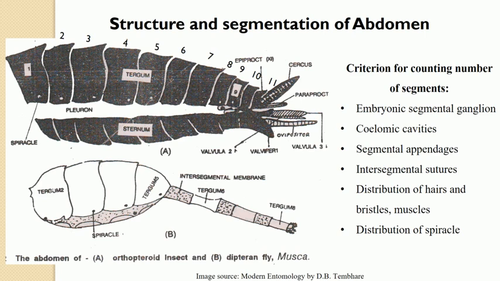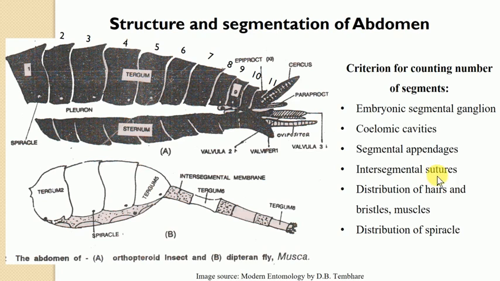These criteria are based on the embryonic segmental ganglia, how many segmental ganglia there are, then how many coelomic cavities are present in the abdominal region, then how many segmental appendages are present, because generally in the embryonic condition each segment of the body contains a pair of appendages. So the segmental appendages and their number are also considered for counting the abdominal segments.